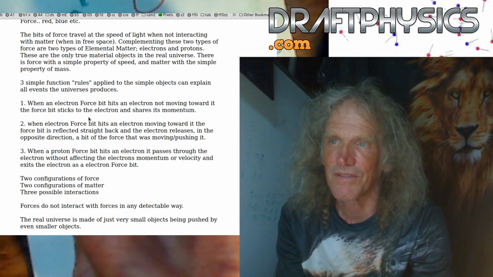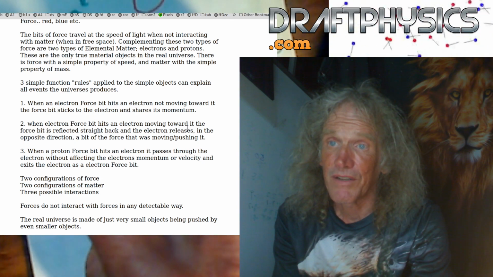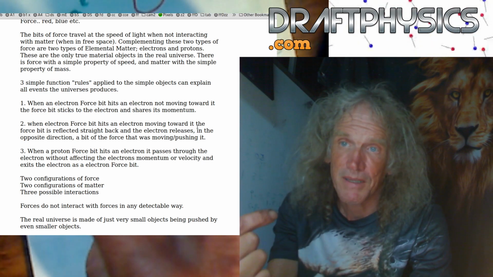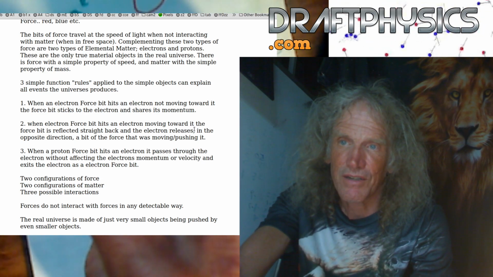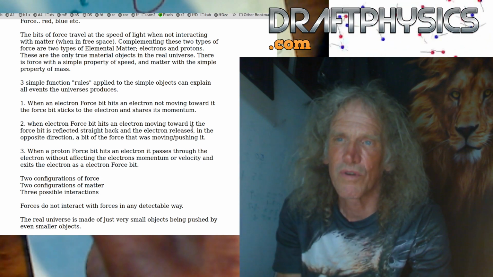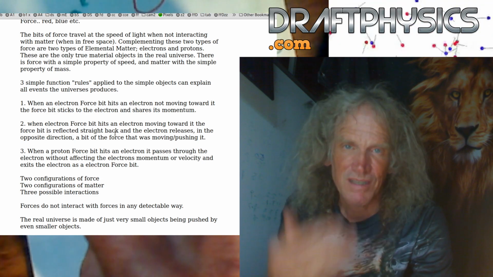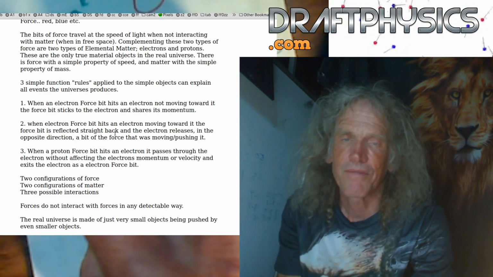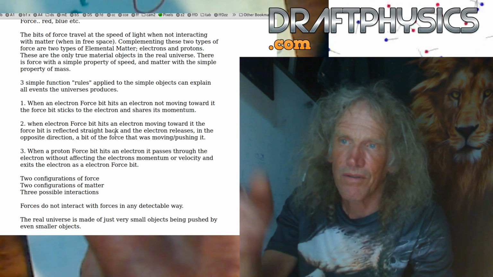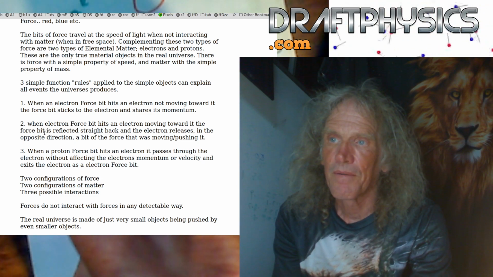Nobody's done that experiment. They haven't tried to turn the electricity way down and see the slowest speed they can make an electron jump off a surface. Rule two: when an electron force bit hits an electron moving toward it, the force bit is reflected straight back, like a kinetic steel ball reaction, and all the energy essentially reflects.